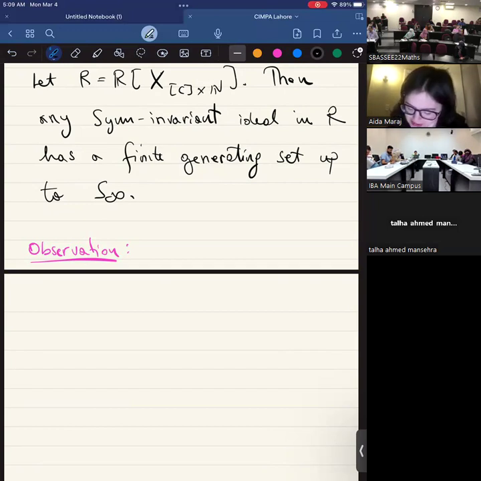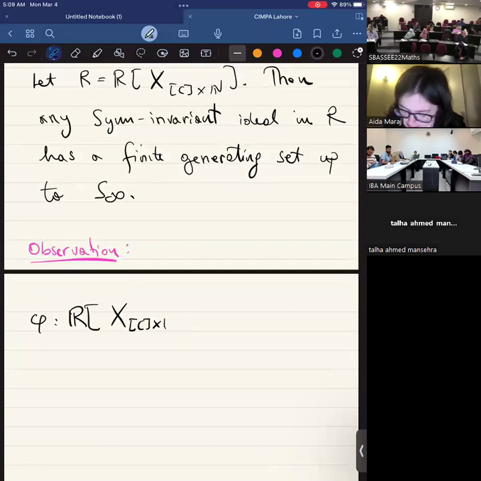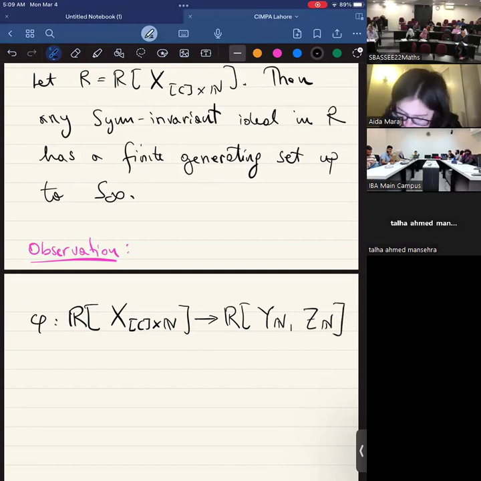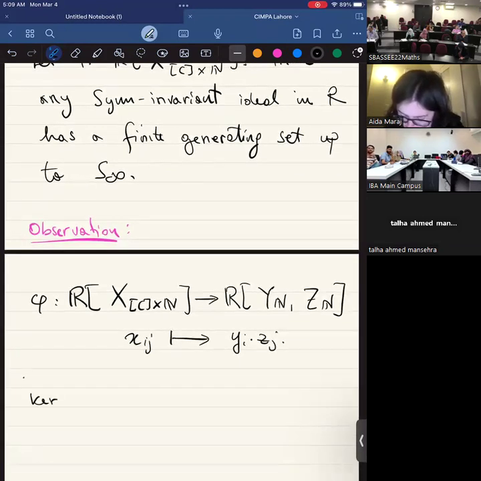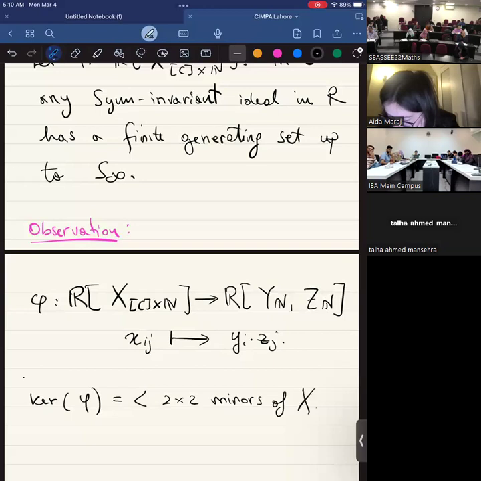If we take phi from R[x_{C times N}] to R[y_1..y_C, z_1..z_N] such that x_ij is mapped to y_i times z_j, I claim that the kernel of phi is exactly the ideal generated by the 2 by 2 minors of X_{C times N}.